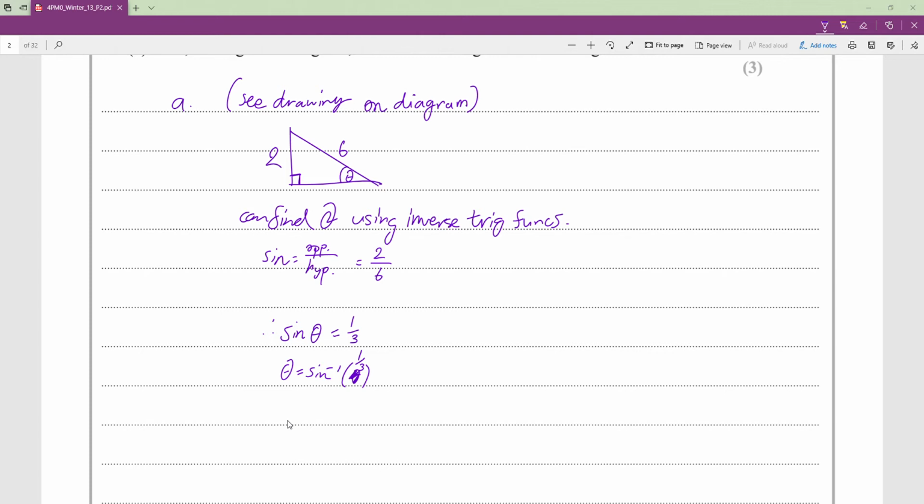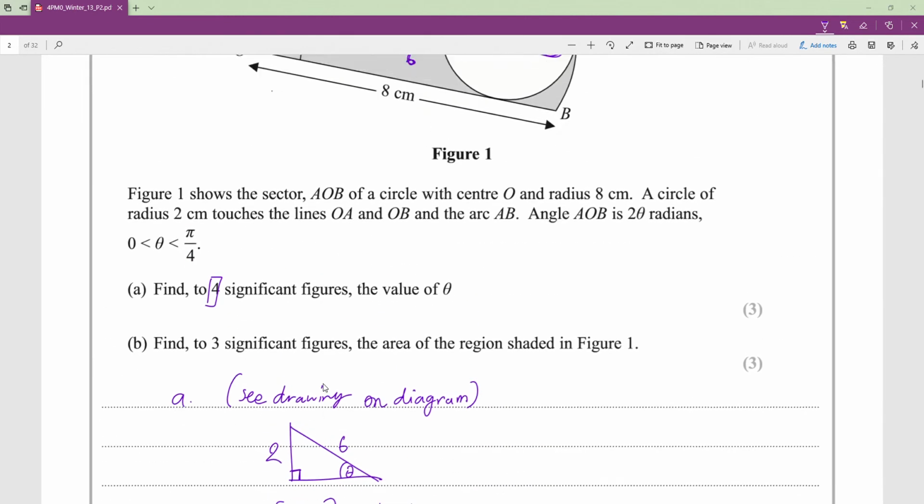So sine negative 1 of 1 over 3 gets you 0.3398 radians. So because it's theta radians, your value of theta is just the number 0.3398. So that's your answer to A. You get this by using the inverse sine function on 1/3.